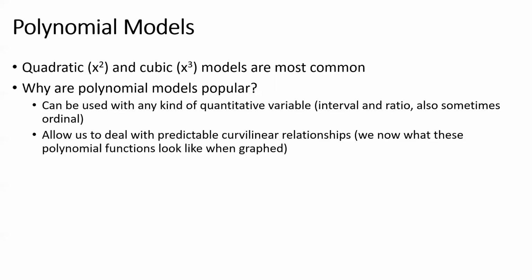So if we have 5 response categories, we've talked about this before, you can treat 1, 2, 3, 4, 5 if they are ordinal. So polynomial models are useful when we are dealing with those kinds of variables as well. And they allow us to deal with predictable curvilinear relationships that can be expressed with those polynomials.